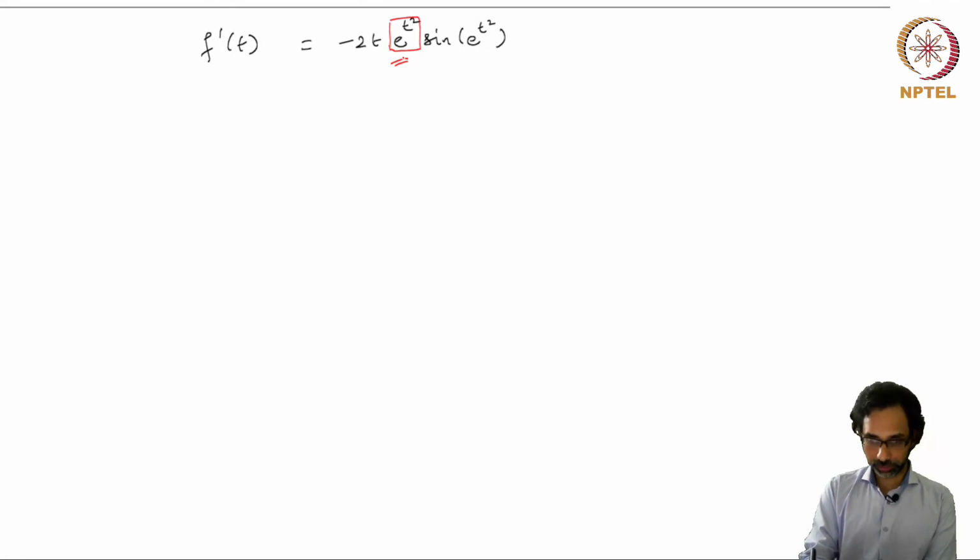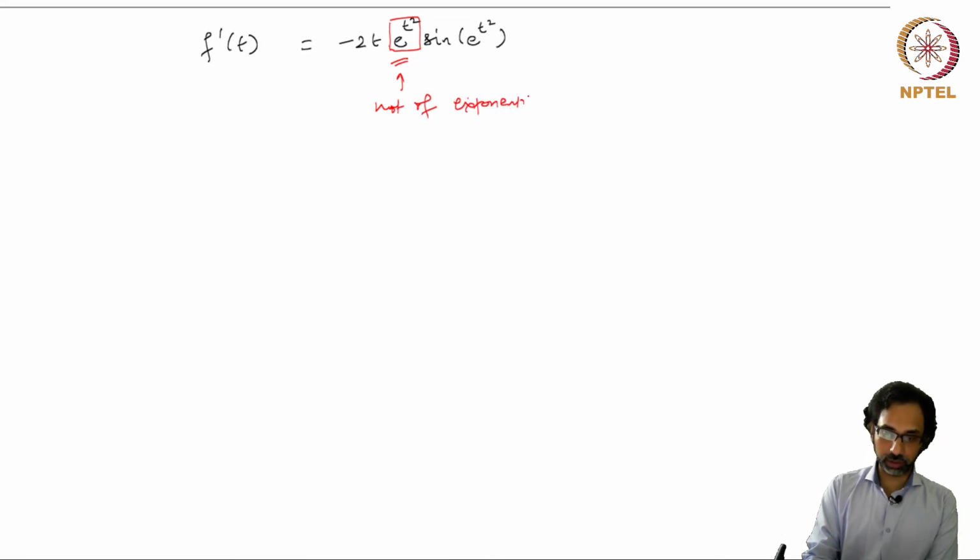We have seen before that this is not of exponential order, and even though t itself is of exponential order, if you multiply a function which is not of exponential order with other functions which are of exponential order, in the end you will still get a function which is not of exponential order. So the derivative is not of exponential order.